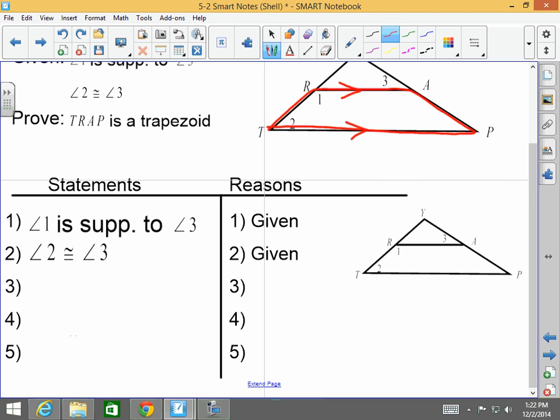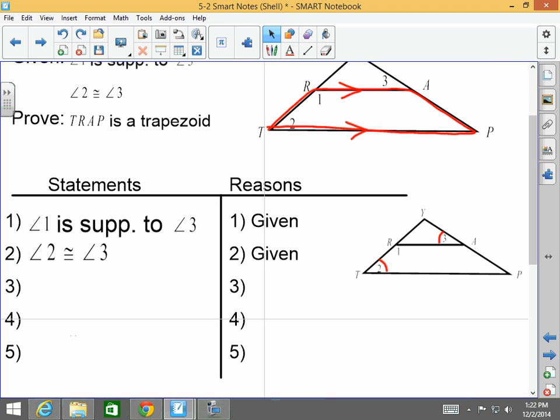Okay. Well, if angle 2 is congruent to angle 3, and angle 1 is supplementary to angle 3, what do I know about angle 1 and angle 2? One is supplementary to angle, well, wait.